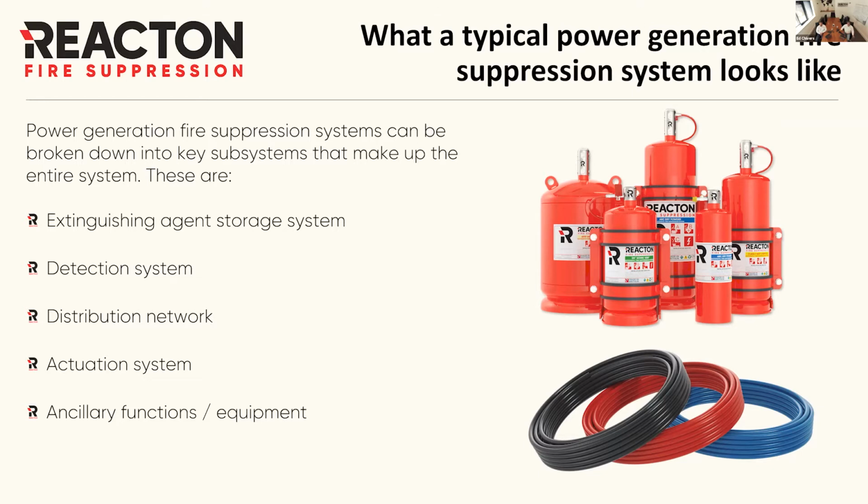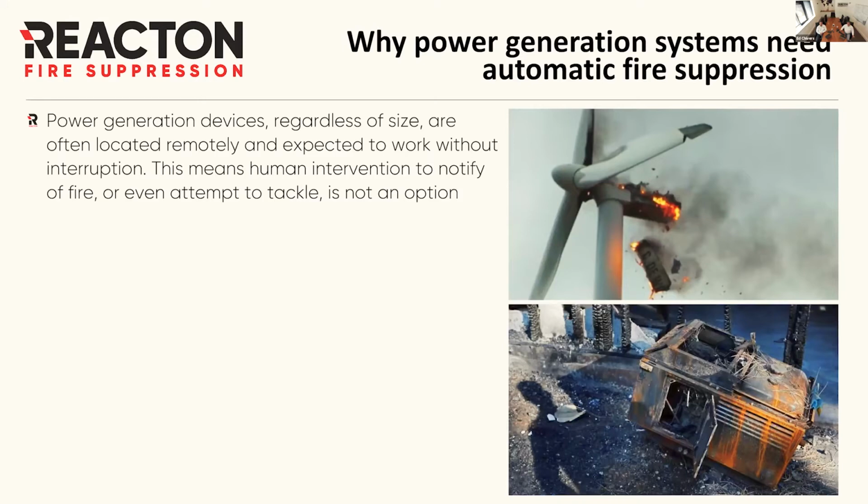Okay, so we quickly move on to why power generation systems need automatic fire suppression systems. So really, we're protecting against fire here. I know normally we always say that protecting life is our main priority.